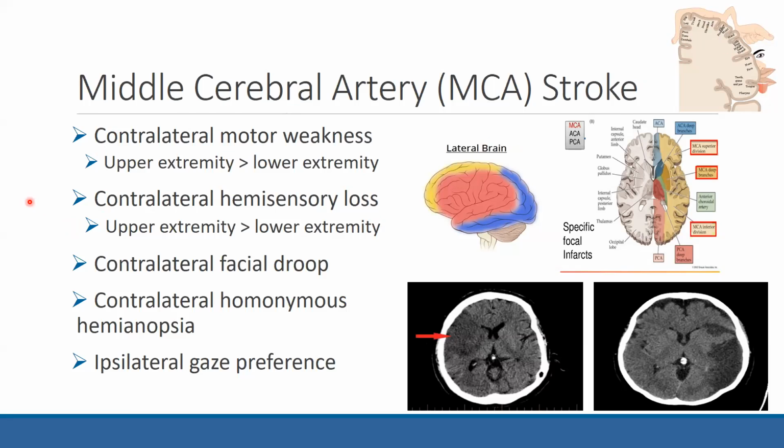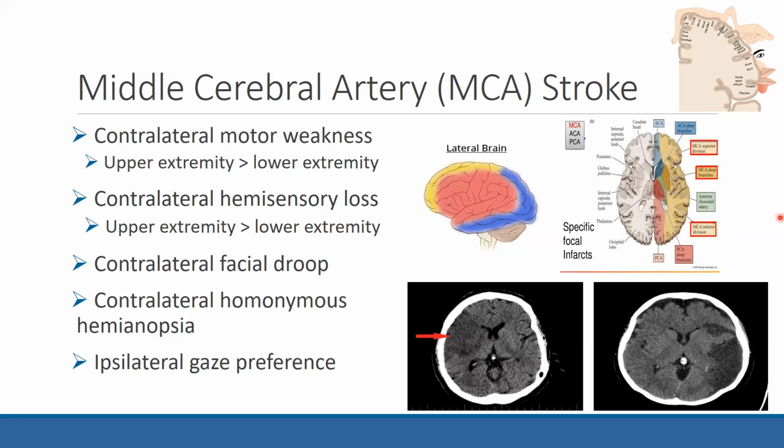Similarly, we're going to expect to see contralateral hemisensory loss. Again, more in the arm than the leg. So they might have numbness, they might have tingling, they might have no sensation at all in their arm on the opposite side from where the stroke happened. You're also going to see contralateral facial droop. So this is a motor and sensory deficit of the face. And again, this makes sense because the face is represented on the lateral surface of that motor and sensory strip. You might see a contralateral homonymous hemianopsia, or in easier words to say, a field cut.